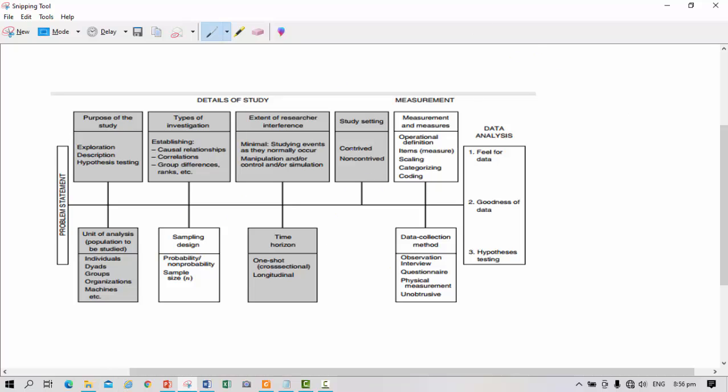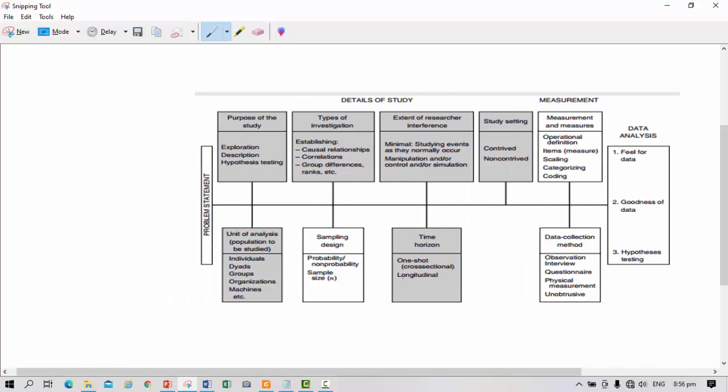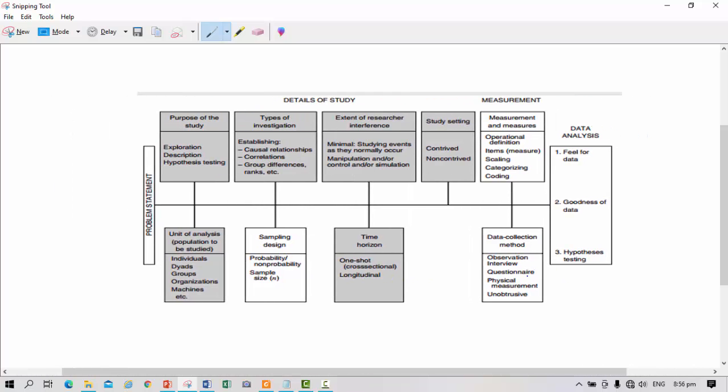That is, you decide whether observation will be enough, or whether the researcher will interview the people himself, or whether he will design a questionnaire and the data will be collected through the questionnaire, or whether the researcher will measure the units physically, or any other source of data collection will be used.